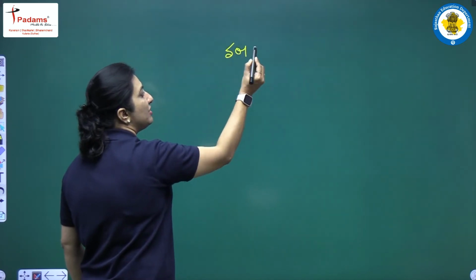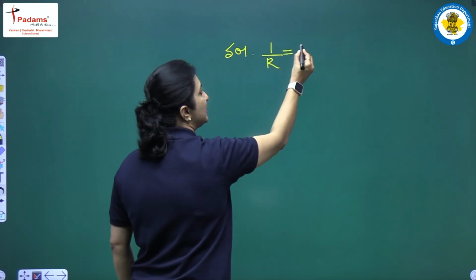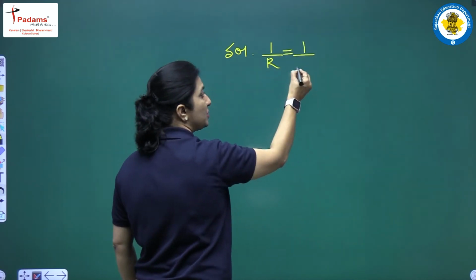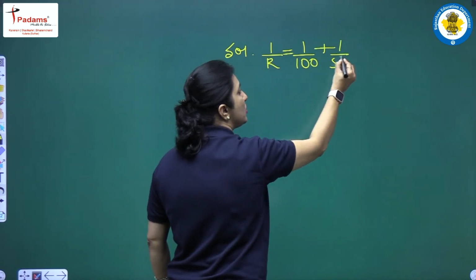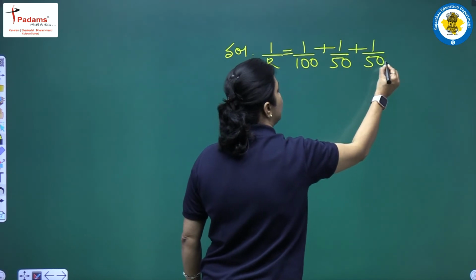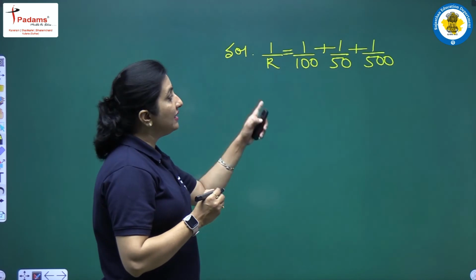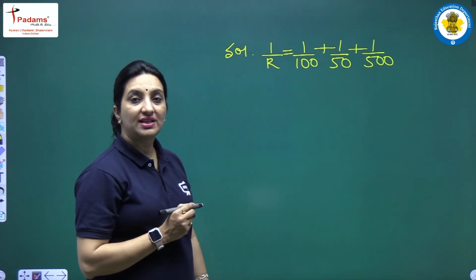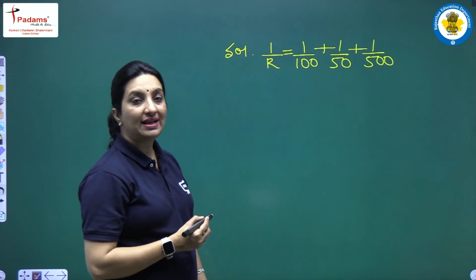For the solution, we will first calculate the equivalent resistance. We had a 100 ohm, a 50 ohm and a 500 ohm appliance. When all these three are connected in parallel, the equivalent resistance R of these three resistors is given by this formula.